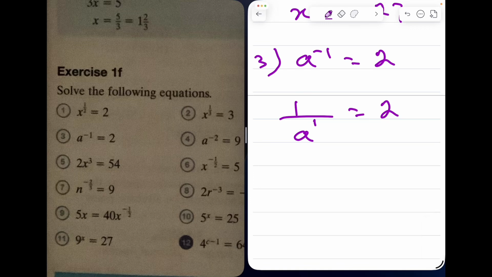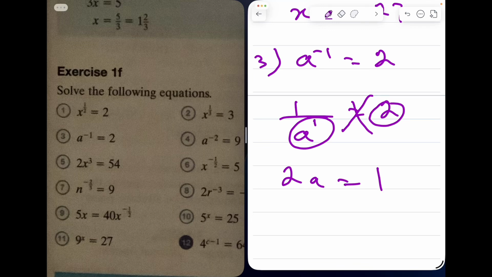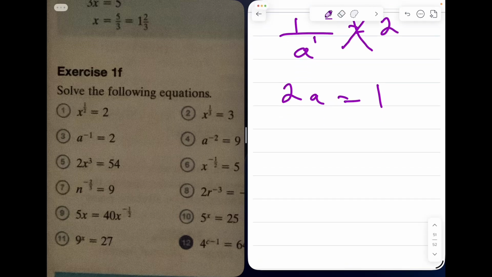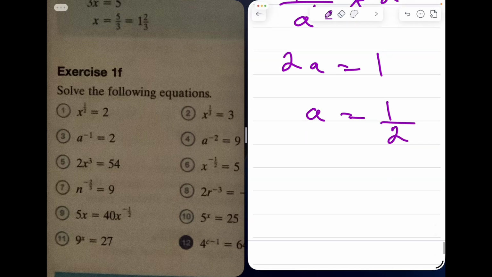Okay, if I do cross multiplication, a raised to power 1 is a, so a times 2, which is 2a, is equal to 1. If you divide both sides by 2, a will be equal to 1 over 2.